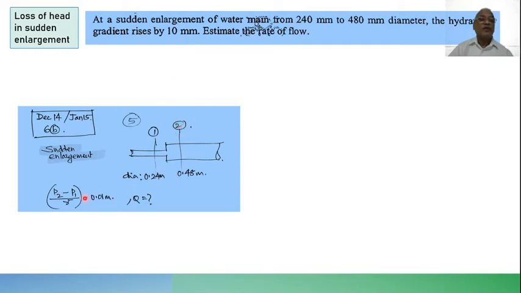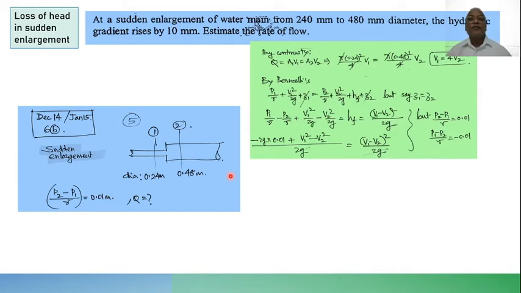So P2 minus P1 by gamma, because it is given in head, is equal to 0.01 meters. This is given. Now when P is given and obviously the velocities are involved, let us see how we have to go.